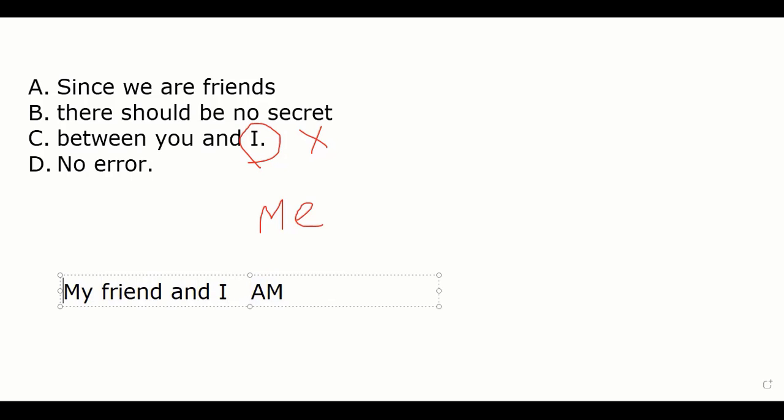What I'm trying to tell you is, if it is a singular subject, then your helping verb will be based on the subject which is nearer to the verb. So if I is nearer, it will be am.